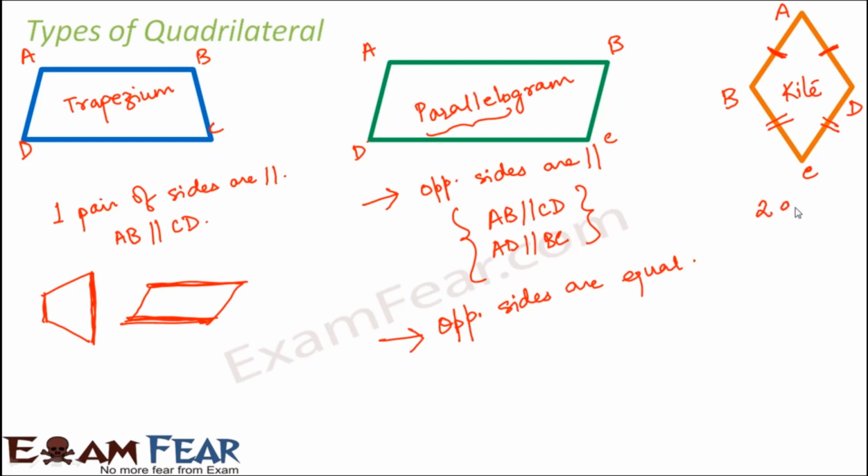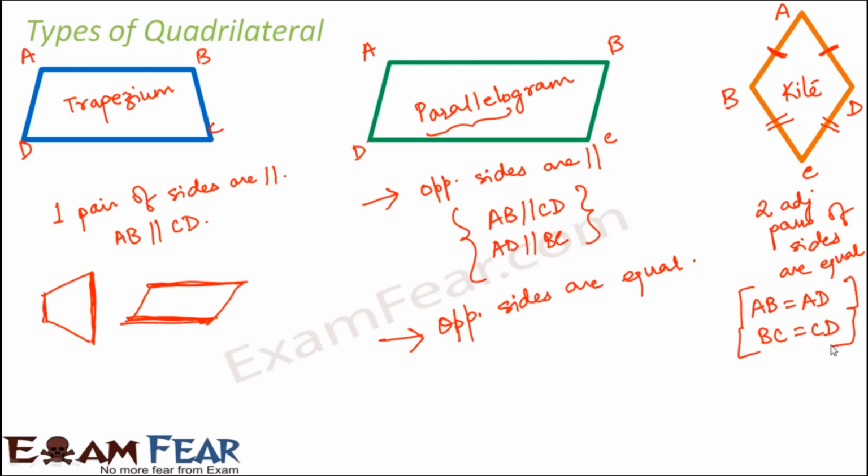That's the most key property of a kite. So here AB is equal to AD and also BC is equal to CD. This is what distinguishes a kite from other quadrilaterals.